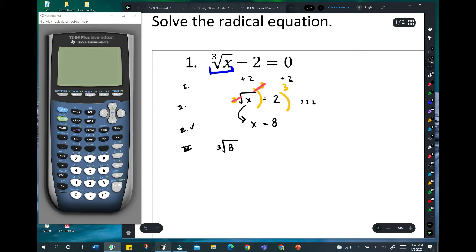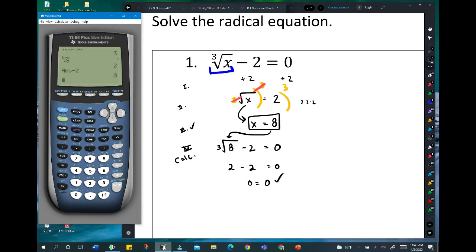If we take the cubic root of 8, so we're putting it back into the original equation, and we subtract 2, we should get 0. Well, cubic root of 8 is 2, minus 2 equals 0, so 0 equals 0. You can do the check all on your calculator if you want, but it works out, so that is our solution. All righty.